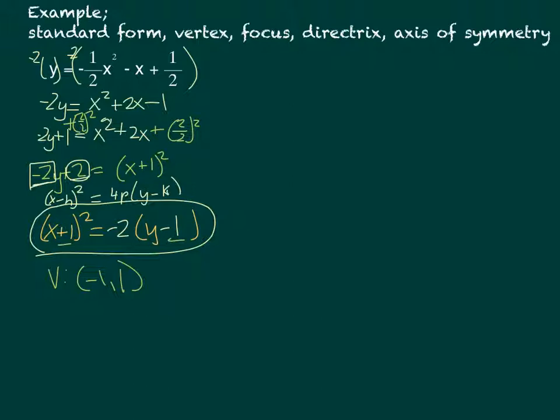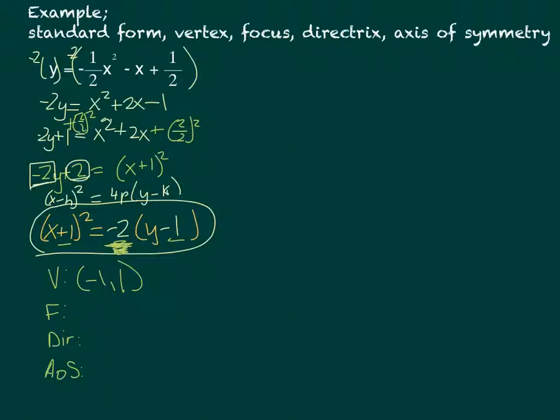Now the next thing I need to solve is my focus and my directrix, and then finally my axis of symmetry. So I need to find those 3 things now. My focus and directrix all come down to my p. To find my p, I look at the number before my non-squared term, and that is -2.